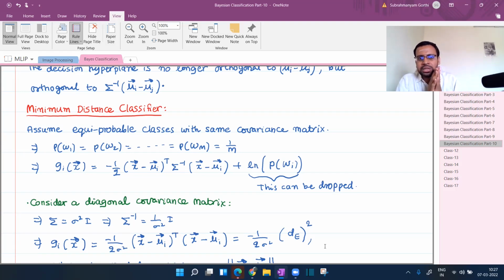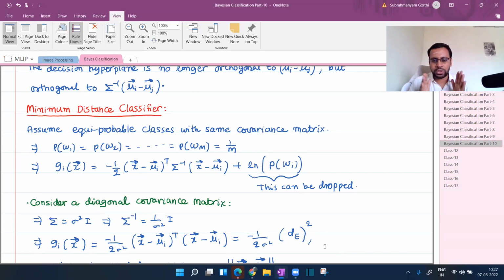The decision, one way is to look from the decision hyperplanes point of view. Another way is to simply look at the discriminant function that you would get for each class for a given x bar. So this is the last part of analysis that we are going to do here.